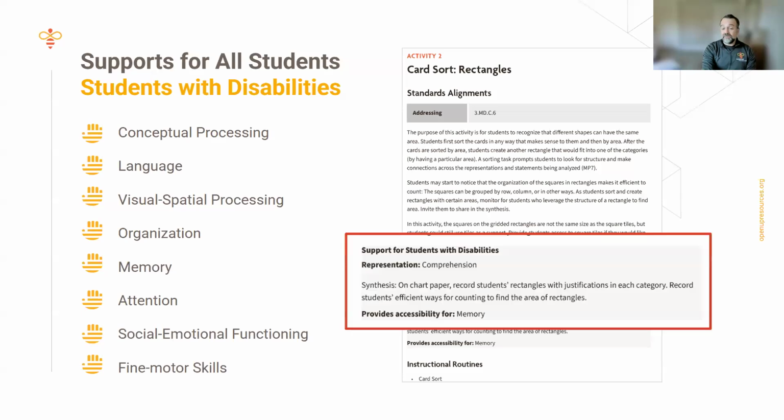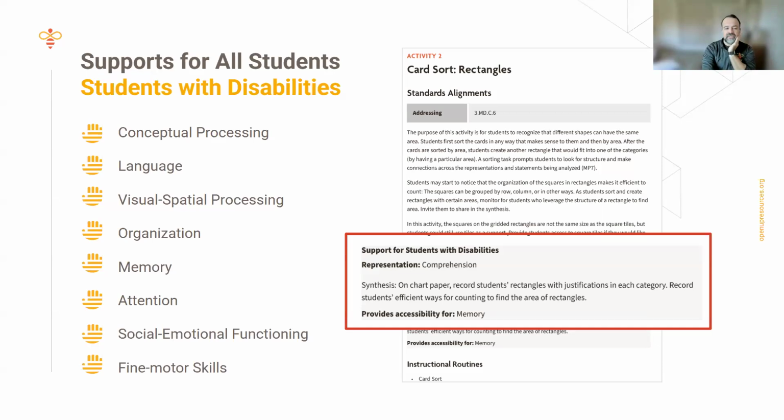We also have explicit callouts for students with different disabilities or different needs. So we have a list of some of those needs that any particular lesson might support.